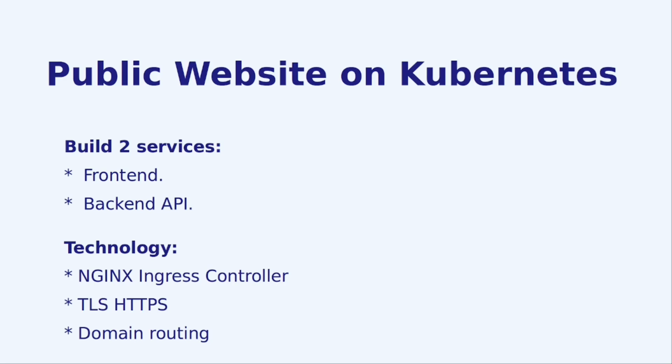Why? Because Kubernetes by design does not expose applications to the public internet automatically. This is actually a very important security feature. So the key question becomes, how do they safely expose applications running inside Kubernetes to external users?